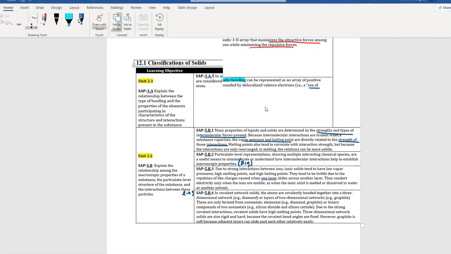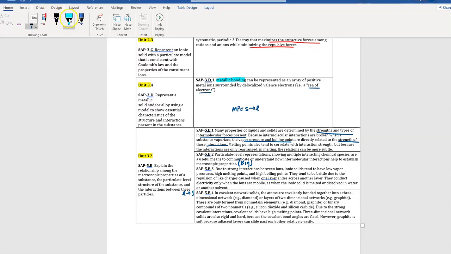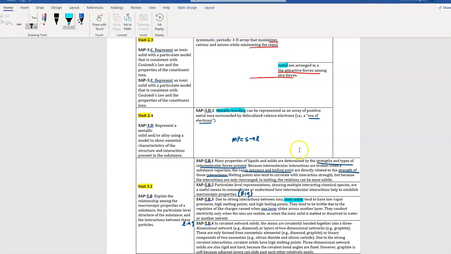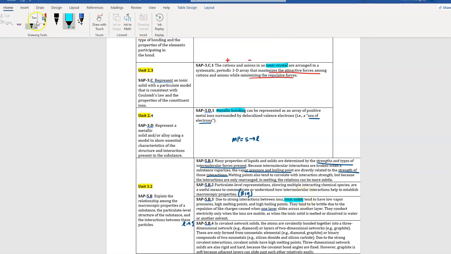Due to strong interactions between ions, okay? Ionic solids. So right up here, ionic crystals is the same thing as ionic solids. And I want to put down some numbers where you're going to see this in the chapter 12 notes. So ionic solids, you will see this in 12.5.